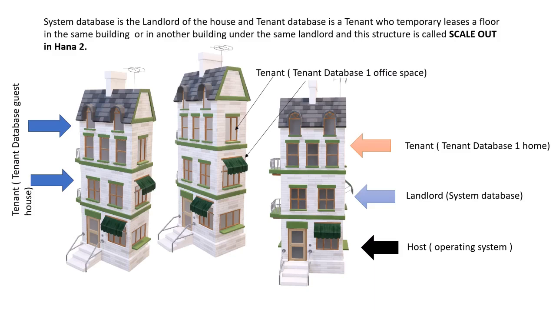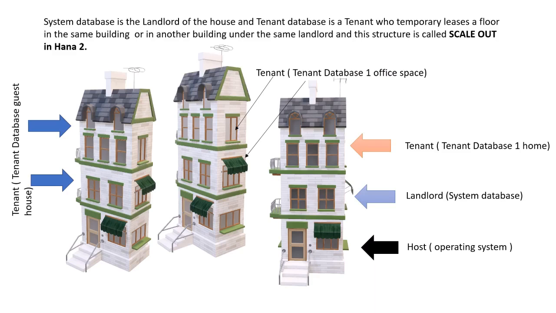There is one tenant, which is tenant database one home. The first tenant resides in this building. He goes to the landlord and says, "Hey, I'm not able to control my operations from within one floor or one part of the apartment. I need to expand. Do you have a different place to rent out?" The landlord says, "Yes," and rents it out.